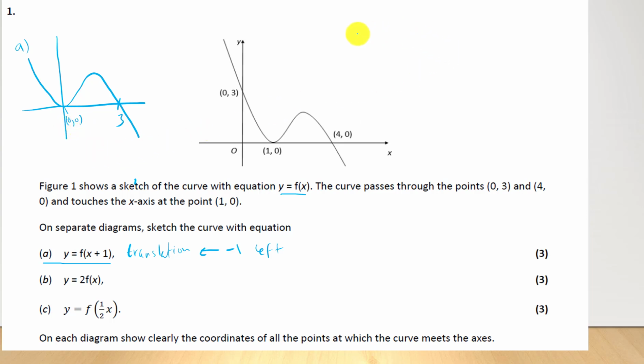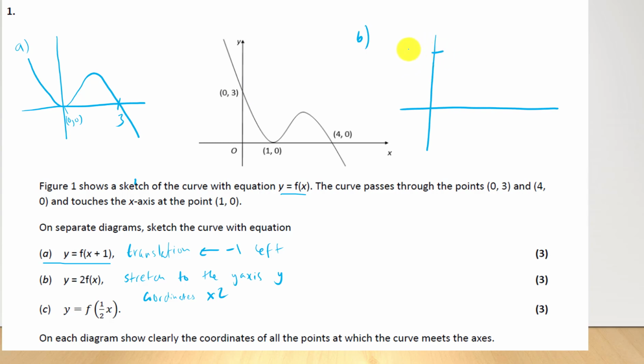Right, let's do B over here. So that is a stretch in the y direction, it's outside the bracket. So we multiply all the y coordinates by 2. So it's just a sketch, y coordinates multiplied by 2.